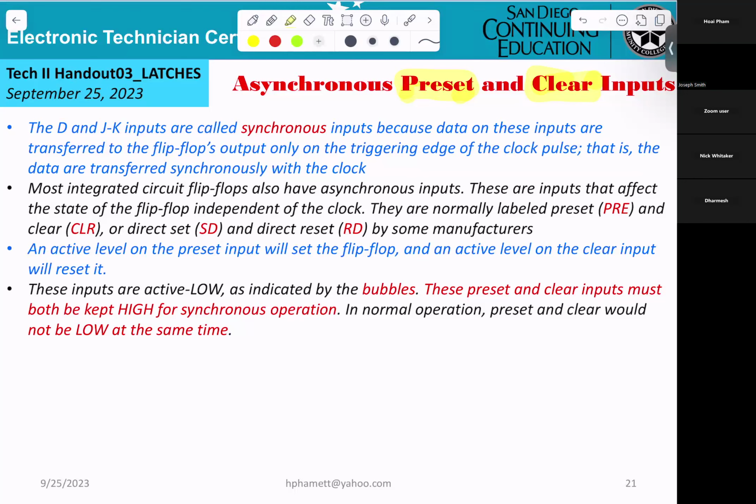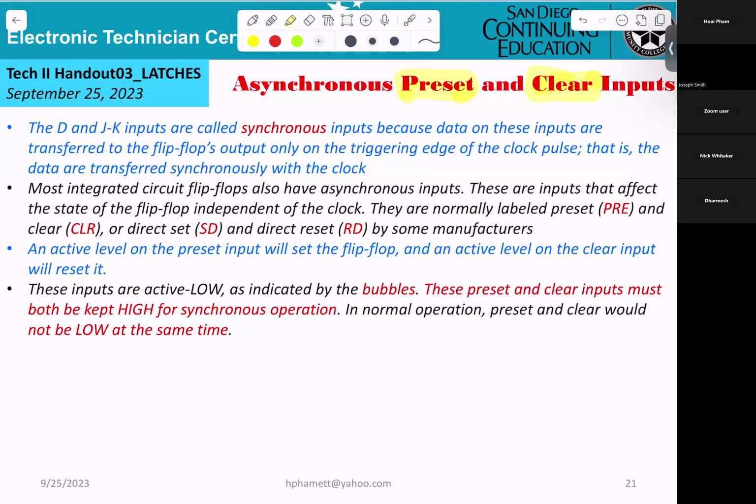If preset equals 0, Q must be 1. Even if you apply input D or the clock, it doesn't matter, they're not working. Or if you set clear to 0, then Q must be 0.